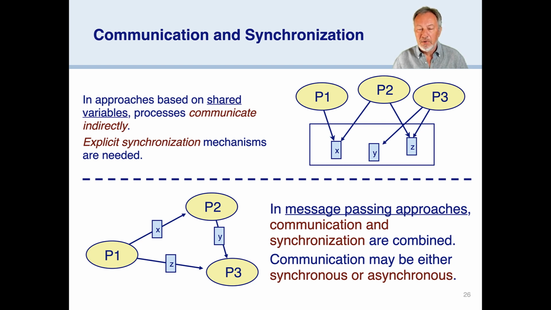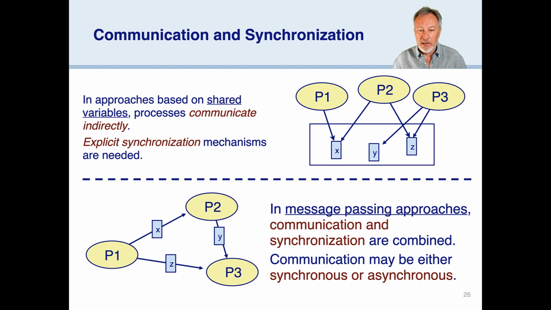So these can be thought of as variables or other kinds of resources or objects that can be read and written. In order to ensure safety, we need explicit synchronization mechanisms to avoid these shared resources getting into an inconsistent state. With message passing approaches, on the other hand, communication and synchronization are bundled together in a single mechanism.